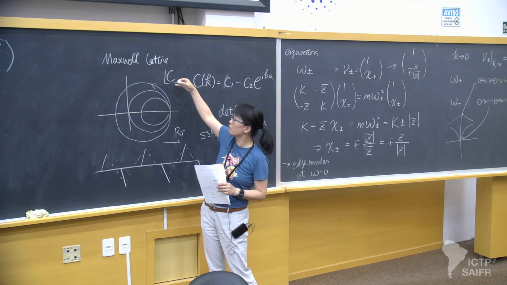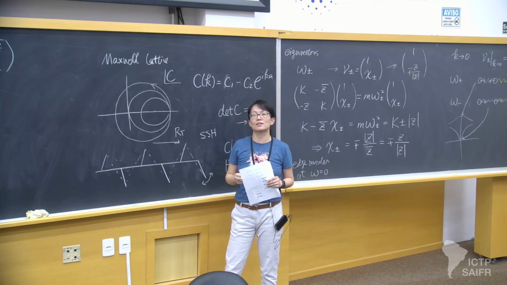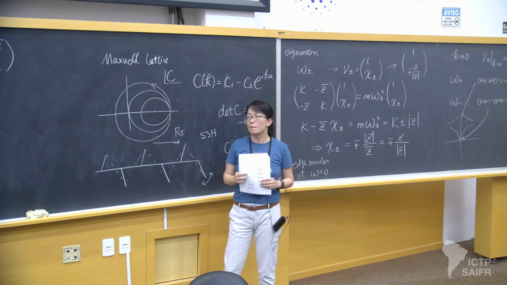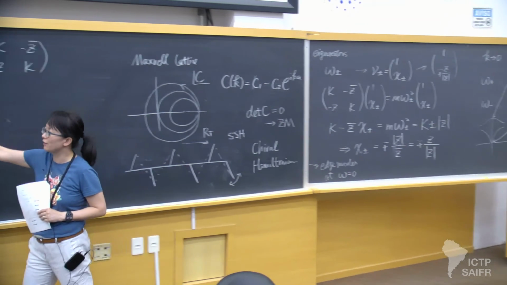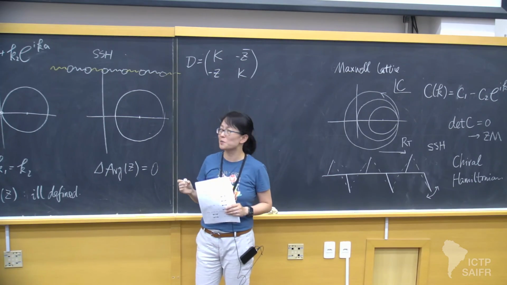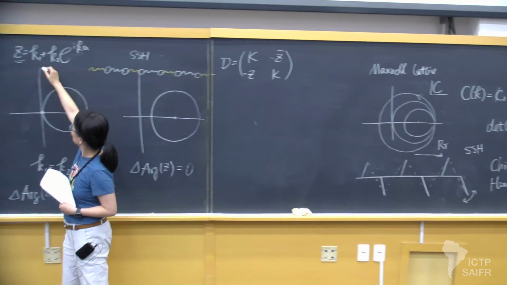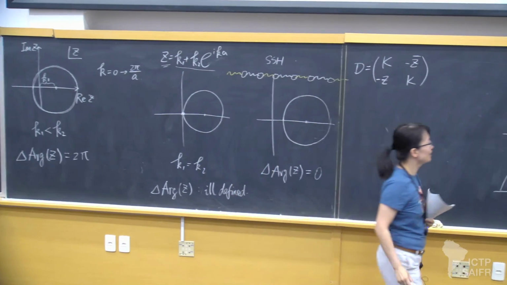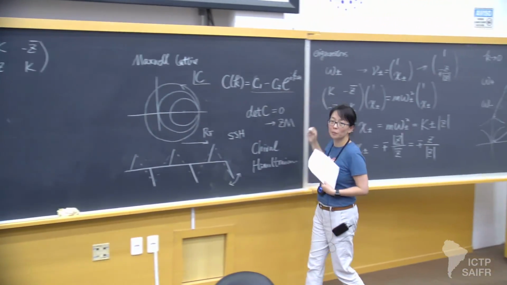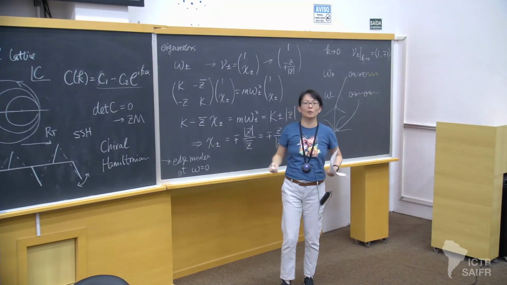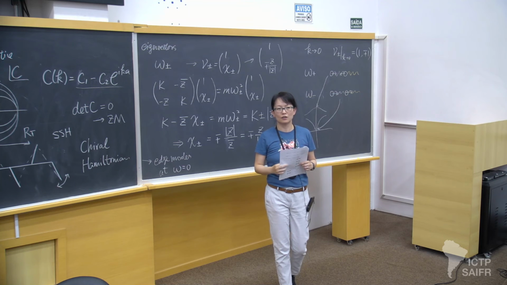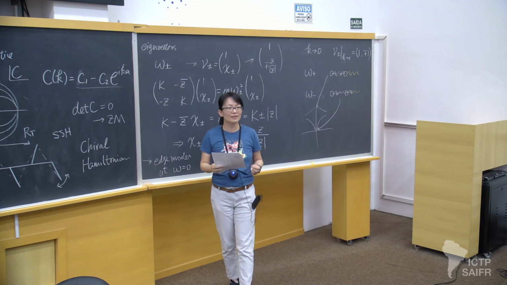You see how the phase of this C changes. And here we look at how the phase of the Z changes, but they are almost the same. Look, Z has this form, and C has this form. It's a very similar problem, in fact. Okay?